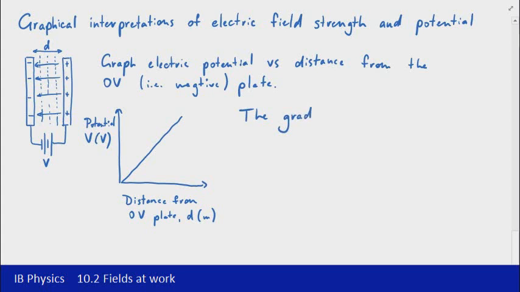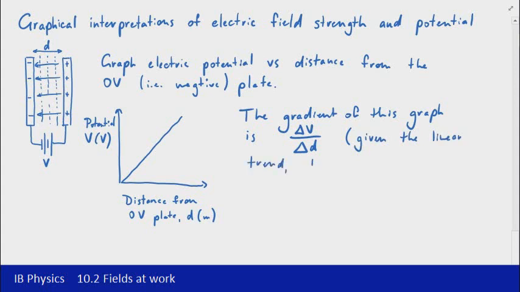So the gradient of this graph, and if you think about gradient, it's the change in the vertical axis over the change in the horizontal axis, so delta V over delta D. Notice here, just as a side note, if we look at the fact that it's linear, this will actually give V on D, which is equal to the electric field strength between the plates.